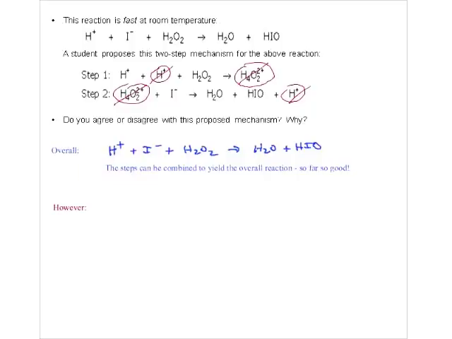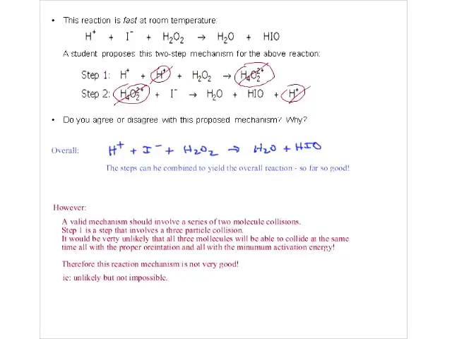The problem with this mechanism is the fact that step 1 involves a 3-molecule collision. And we don't like that for mechanisms, because a more valid mechanism would involve only 2-particle collisions. Step 1 is involving 3 particles that have to collide in a line and all have the correct energy. Very unlikely that step 1 would happen. It may happen.